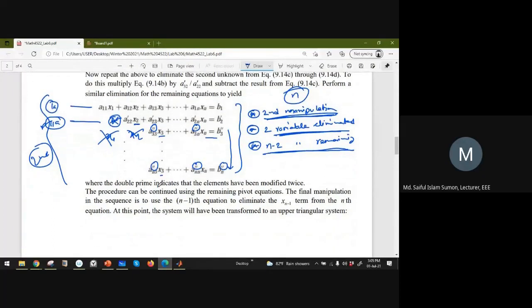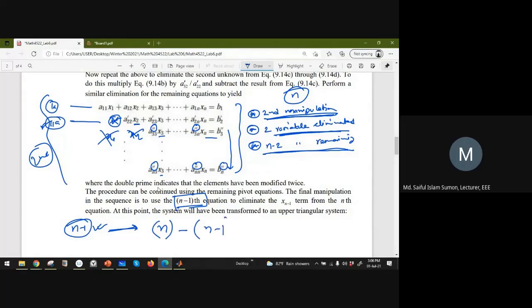So now, in this way, I have to just go on with the manipulations. By hand we cannot do it, the computer will do it. So how many eliminations do we need? N minus 1 eliminations are needed, because the total number of variables is n.